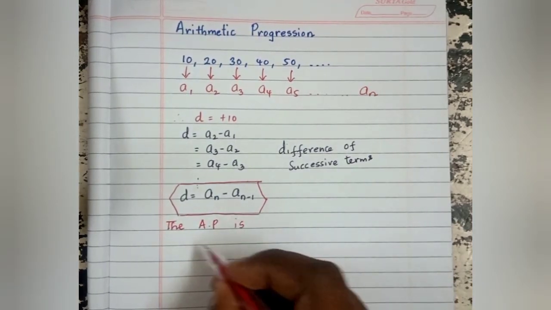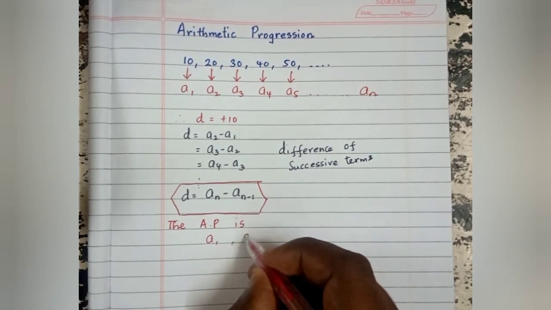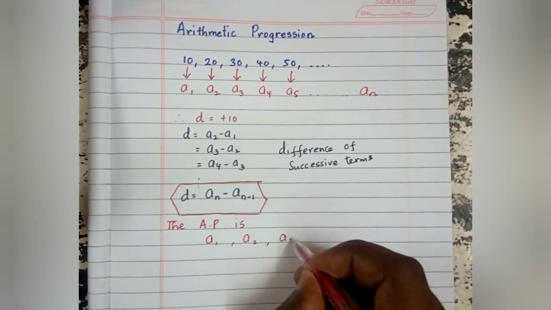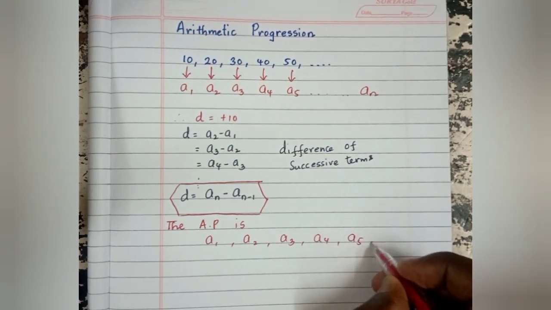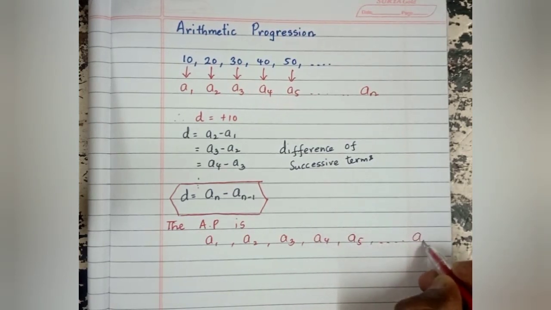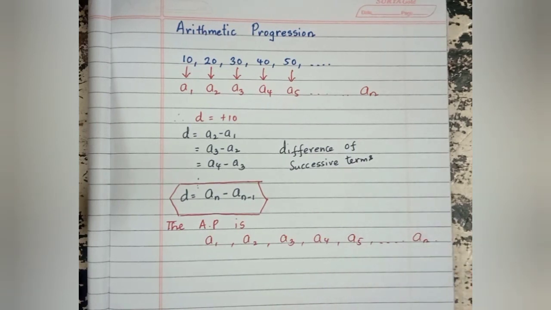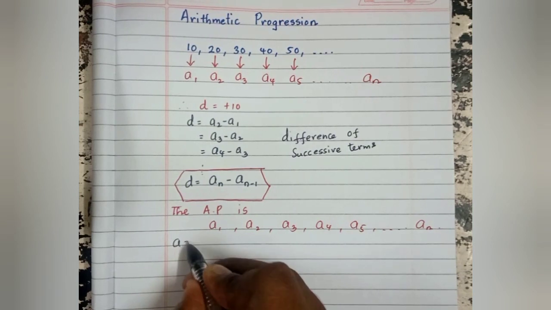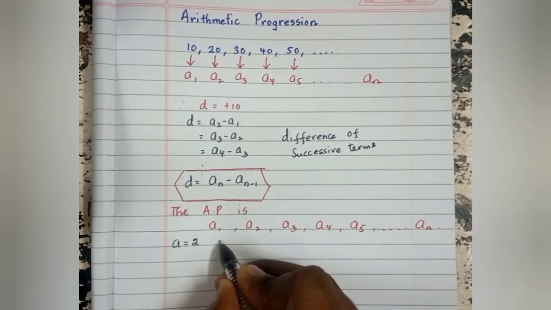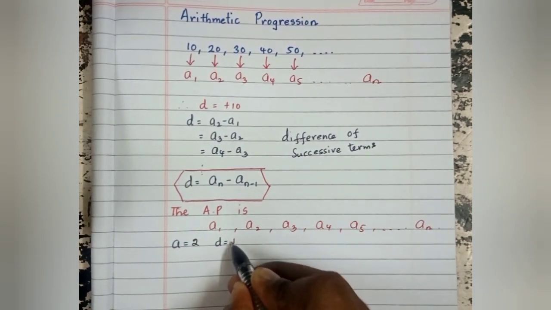The AP is A1, A2, A3, A4, A5. This goes on, then nth term. Let me consider A equals 2, then the common difference as plus 3.